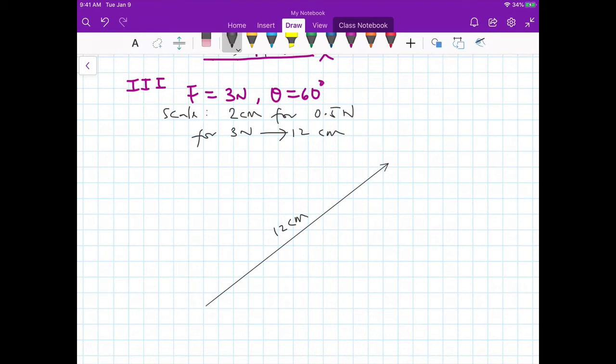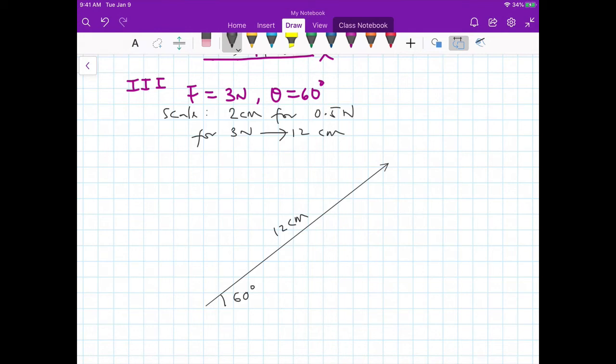You must use a ruler, otherwise you cannot find the length, or what you're doing is completely wrong. And you must also use a protractor, otherwise it's not going to be right. Then once you have that vector, the next step is you need to find its x and y components. How do you do that?